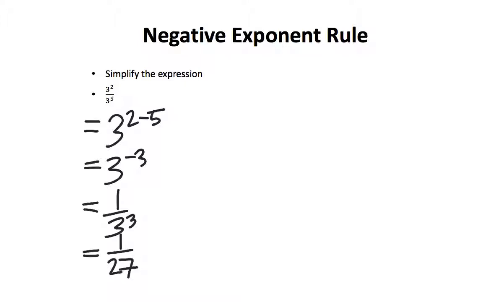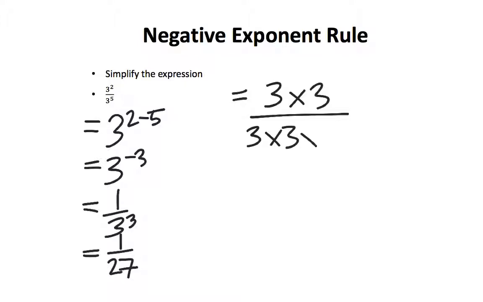Let's try to expand this without using the exponent laws. So 3 to the power of 2 is 3 times 3. And 3 to the power of 5 is 3 times 3 times 3 times 3 times 3.